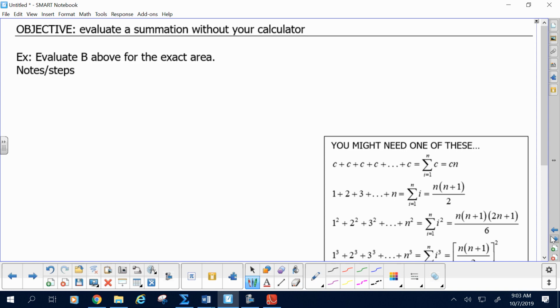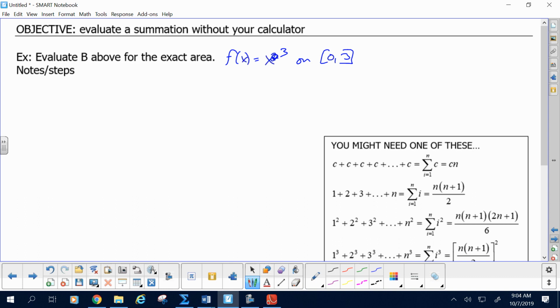Oh, hey, I didn't know I gave you this page. Okay, so B above on the back of page 2 is f of x equals x cubed on 0 to 3, wasn't it? Are you with me?